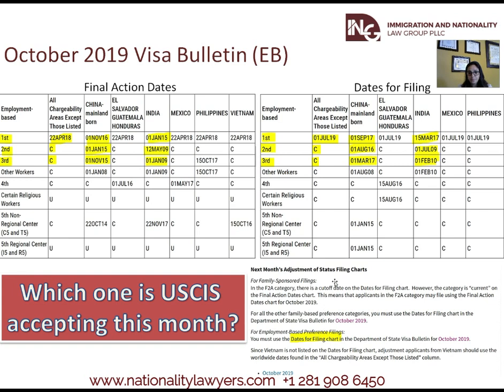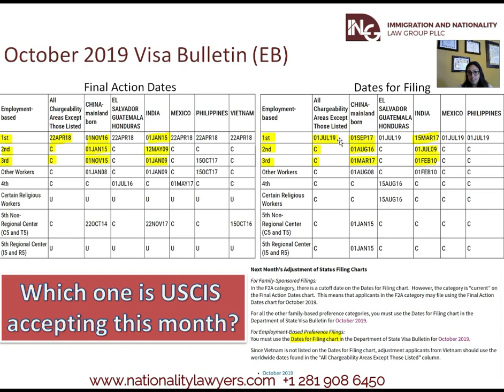So here, for example, if you are a citizen from Brazil and you are under the first category, you would be able to file your adjustment of status for you and your family if your priority date is July 1st, 2019 or before that date.